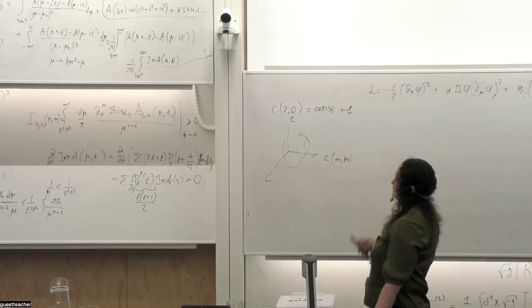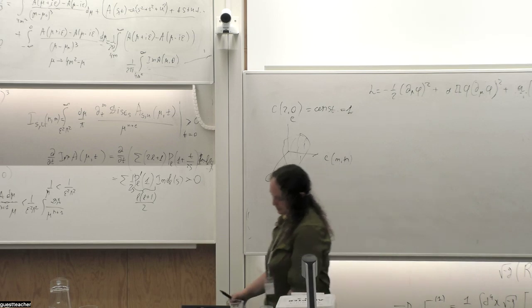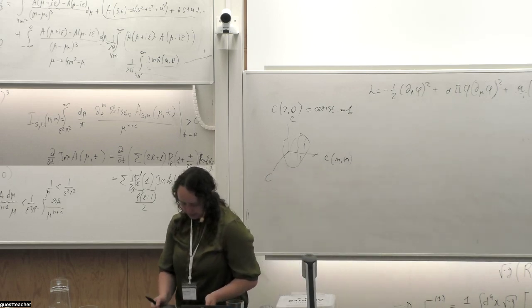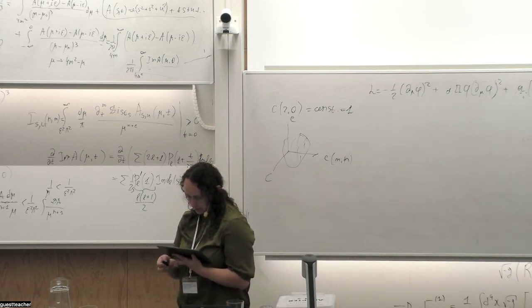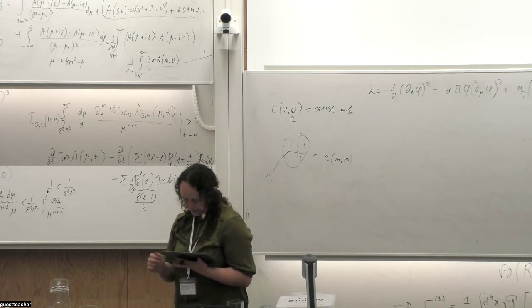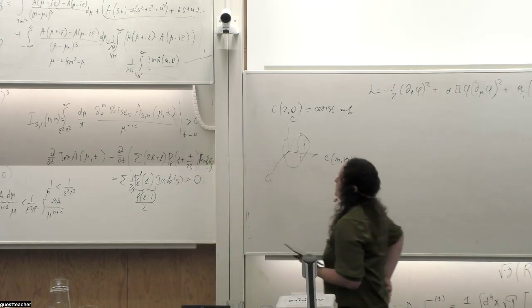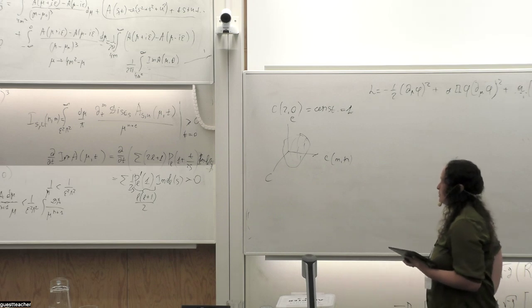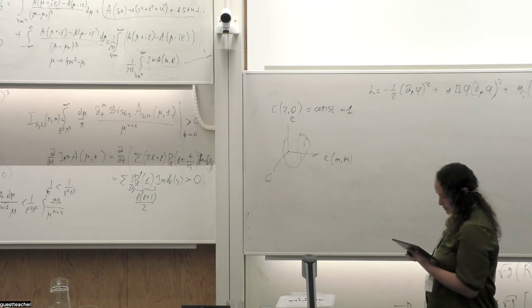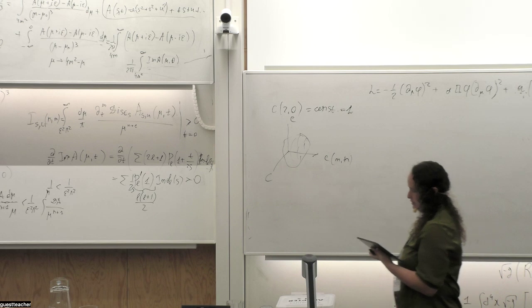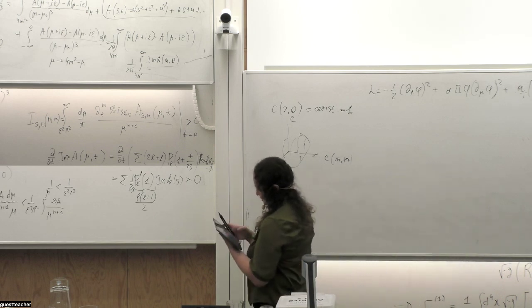So the statement is that after fixing one of the Wilson coefficients, we have a compact range where all the rest is living.